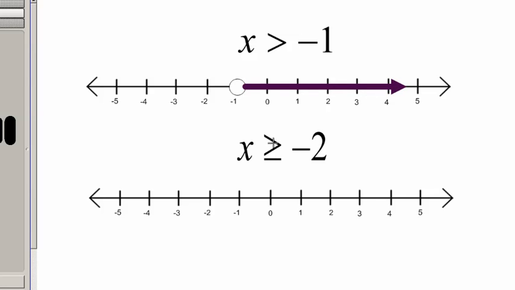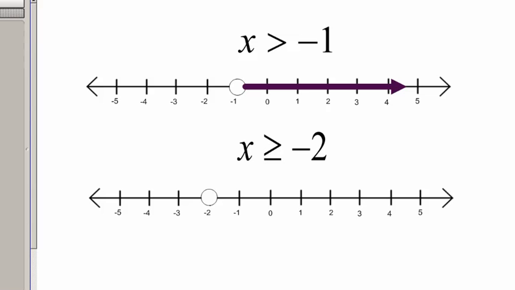Okay. x is greater than or equal to -2. I'm going to draw my circle on -2. Was -2 a solution to this inequality? Yeah. I could put -2 in here. -2 is greater than or equal to -2 because -2 is equal to -2.